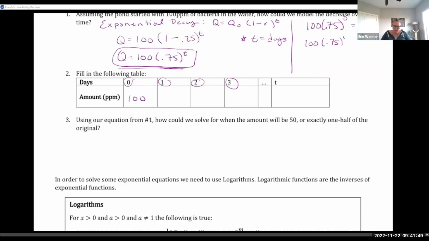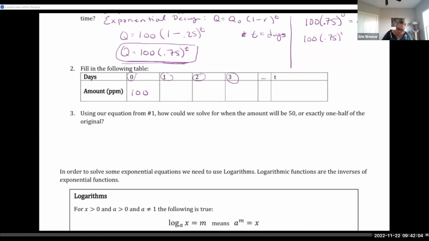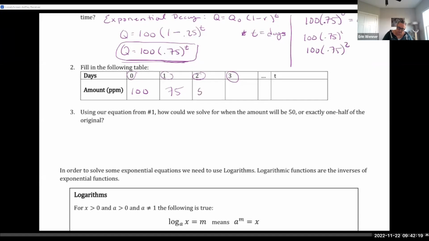Okay, so when we plug 1 in, we're going to have 100 times 0.75 to the first, which is 75. And then 100 times 0.75 to the second, which is 56.25.